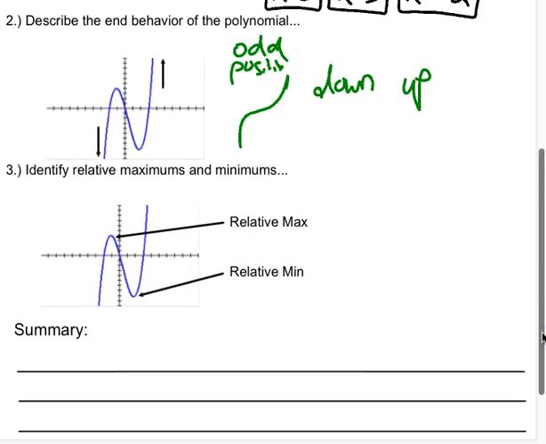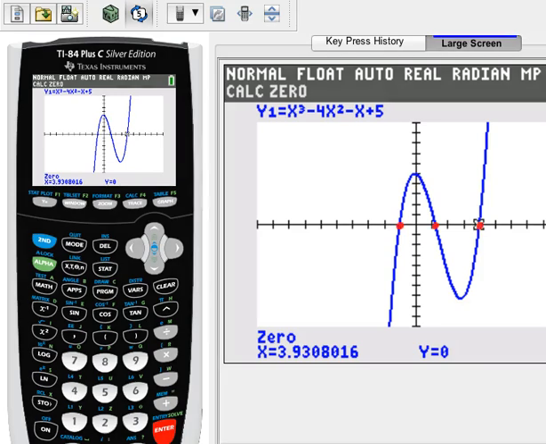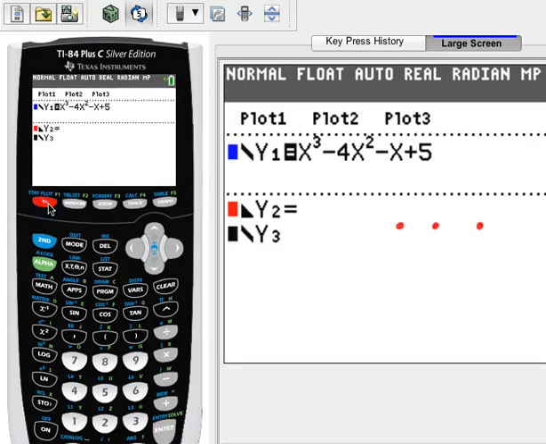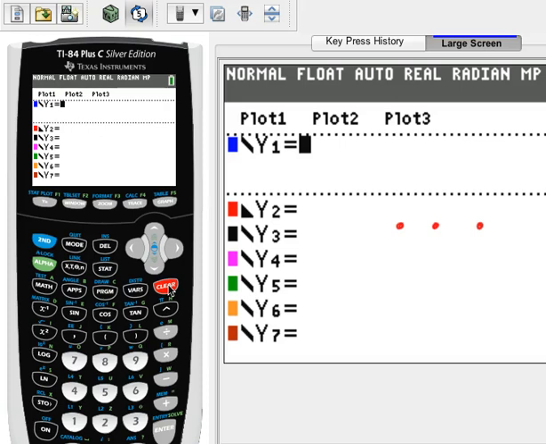Max and mins. Now this is something we're going to have to go back and use the calculator for. This was in that second section of stuff that we covered. So remembering how to do this with a graphing calculator. So I'm going to go back, change my function. So I'm going to input that new one.